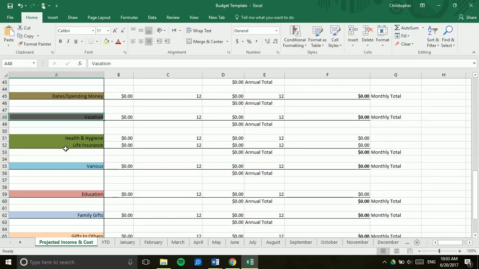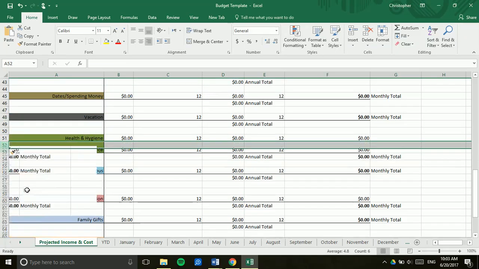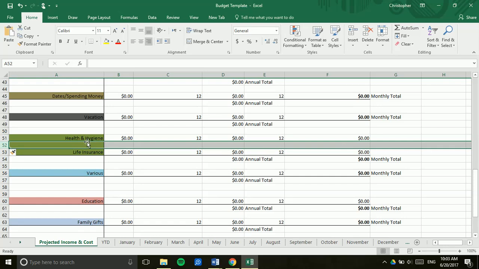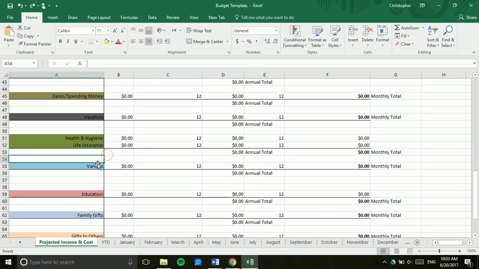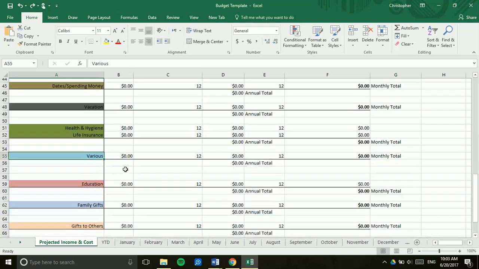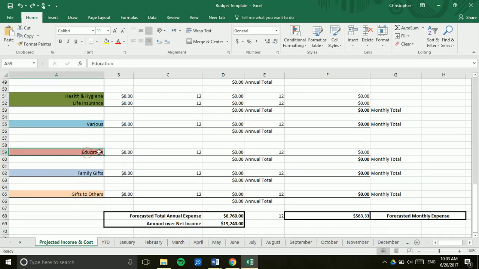Perhaps you have other insurance; you can simply insert more columns if you like. This is the various category. That is the hardest category, but there's got to be some kind of catch-all for the random things that you will purchase or do that don't fit the other categories. Then there's education, or an education payment if you're paying back, so budget in how much your payments are, debt reduction there.